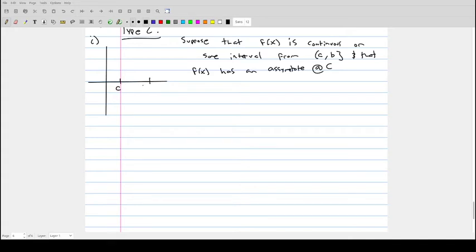So let's say we're going from C to B for a given function, and that there's some sort of asymptote at C. So maybe the function looks like this, or like this.